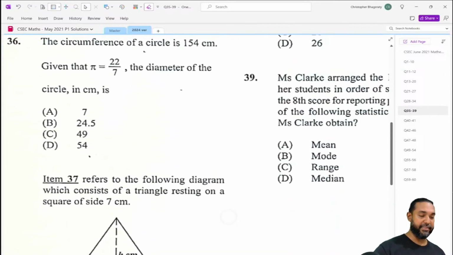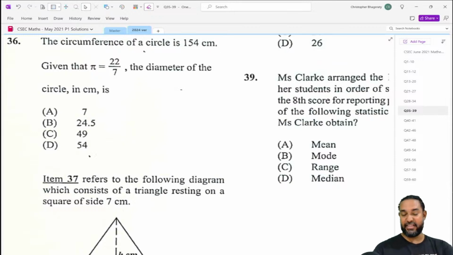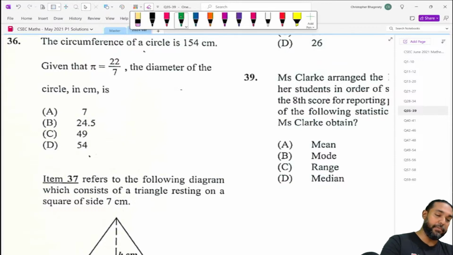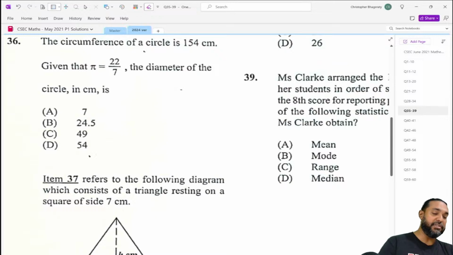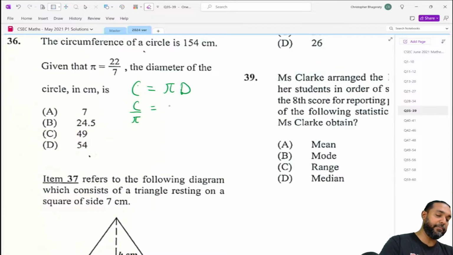The circumference of a circle is 154 centimeters. Given that pi is 22 over 7, what is the diameter? Okay, lovely. It resembles something we had before, because we got the 154 and the pi, but I think that was actually radius, or actually area. 22 over 7, that's correct. So check it: the circumference of a circle is pi times diameter, so to find the diameter we take the circumference and divide by pi.